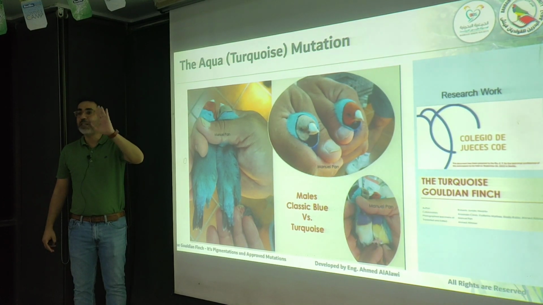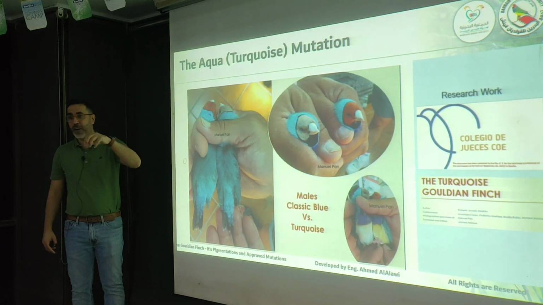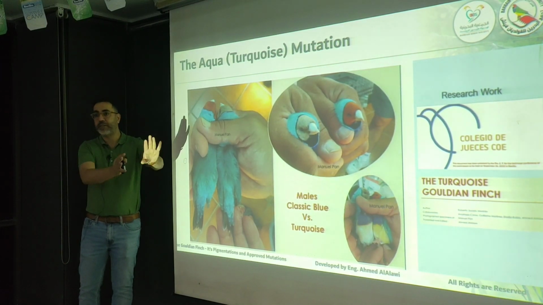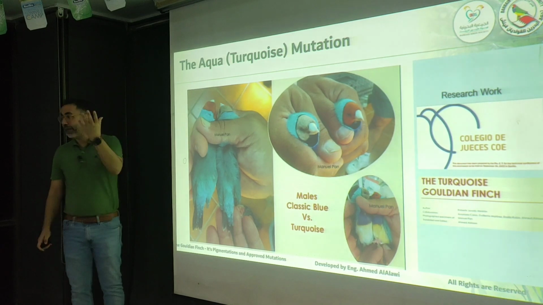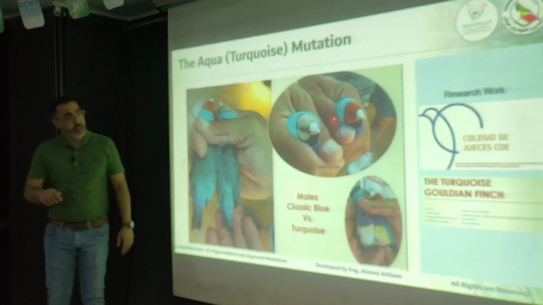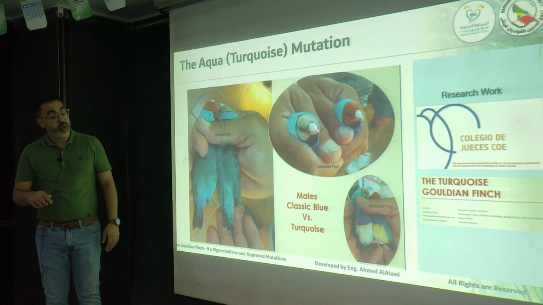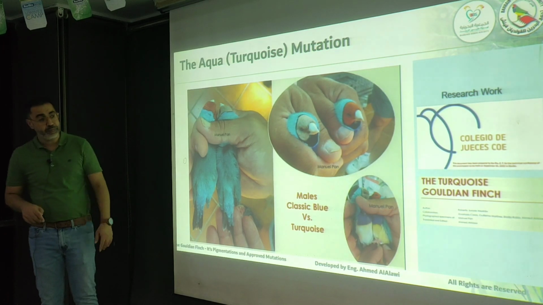Aqua has nothing to do with it. It comes to the head, it doesn't touch that color, leaves it. Then it becomes bright. You could see the normal blue head, normal red head in the blue back, and red head in the aqua. That's the primary difference in the aqua.